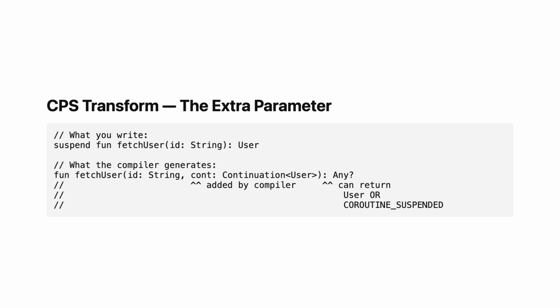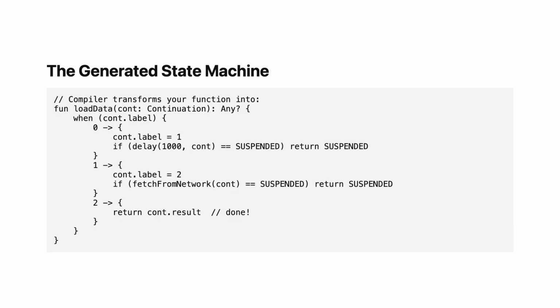A suspend function can have multiple suspension points. If your function calls delay, then fetches from the network, then calls another suspend function, there are 3 places where it might suspend. The compiler needs a way to track which suspension point the function is at, so it can resume from the right place. It does this by transforming your entire suspend function into a state machine. The compiler generates a when expression, similar to a switch statement, with labels. Label 0 is the initial state, the code before the first suspension point.